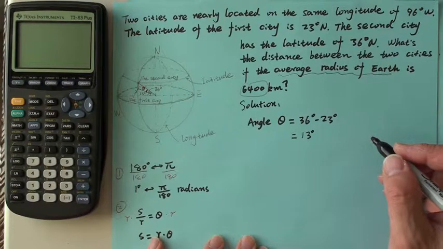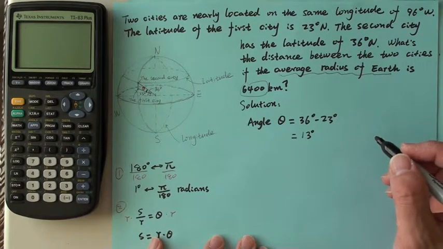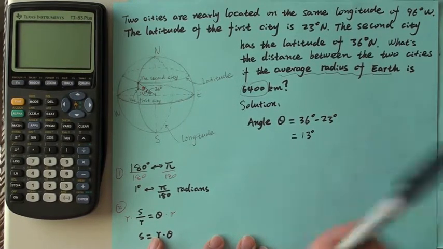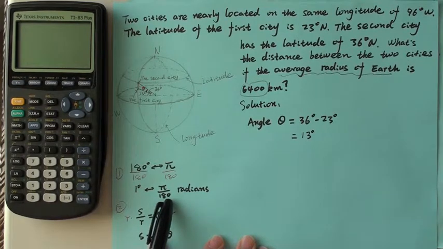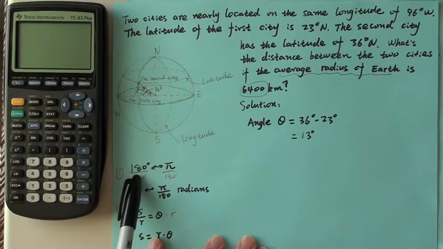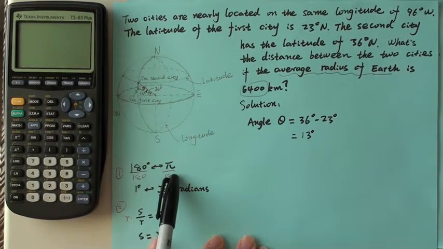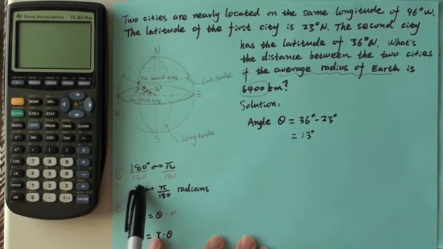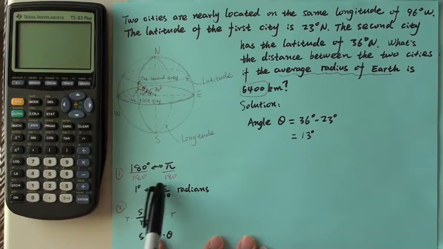Okay, now we know 1 degree is this many radians. You always want to know 180 degrees is pi radians. So divided by 180 on both sides, then 1 degree is pi over 180 radians.